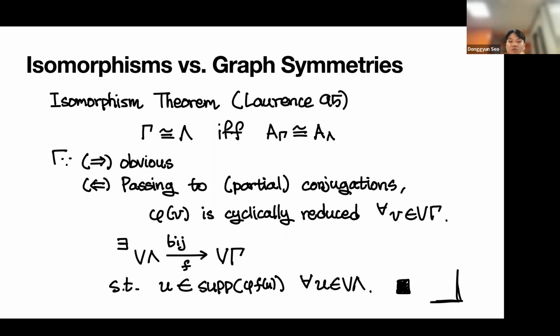This condition actually finishes the proof: if two vertices of gamma commute, then the two vertices of lambda also commute. This is due to the centralizer theorem, and so we can finish the proof.